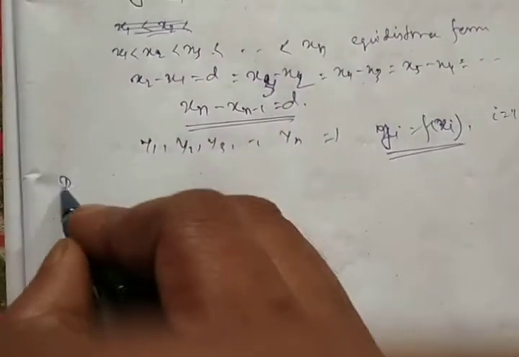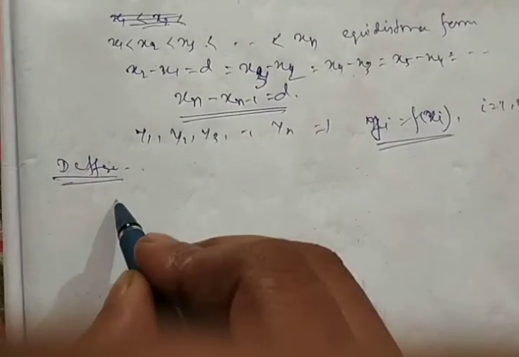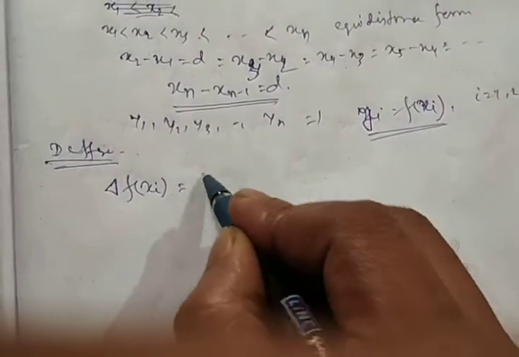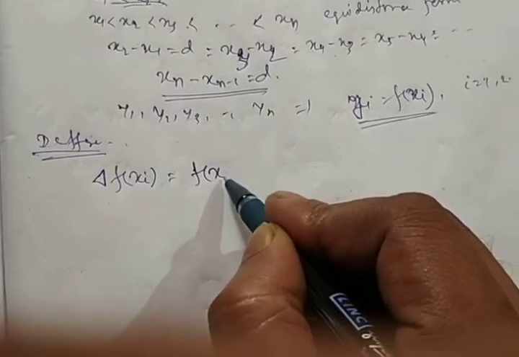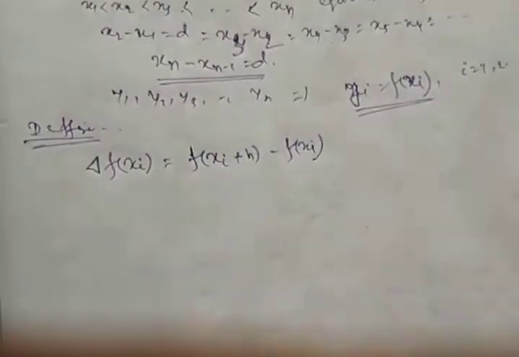Then the difference operator is given as del of f of xi, which equals f of xi plus h minus f of xi.